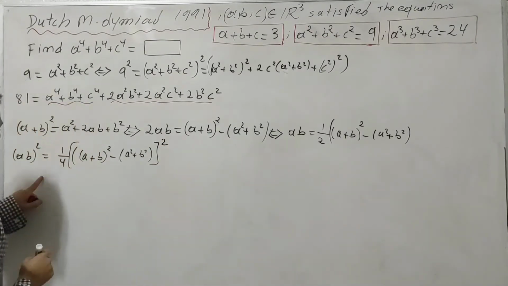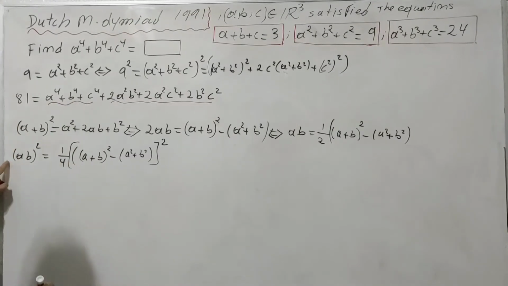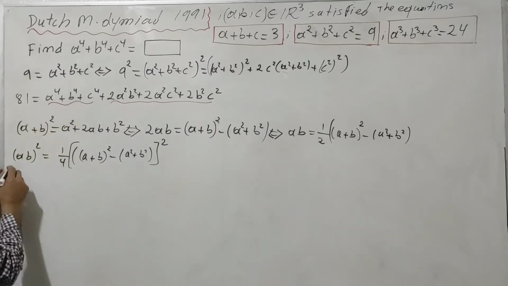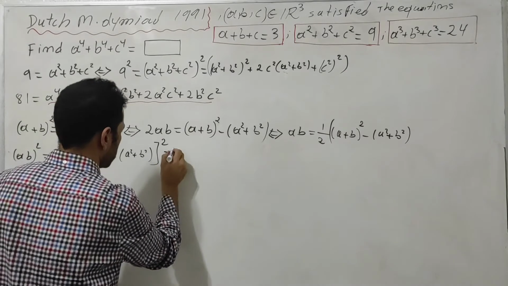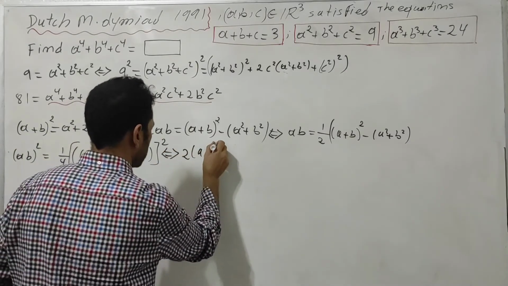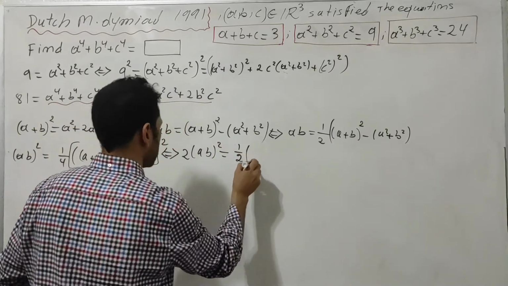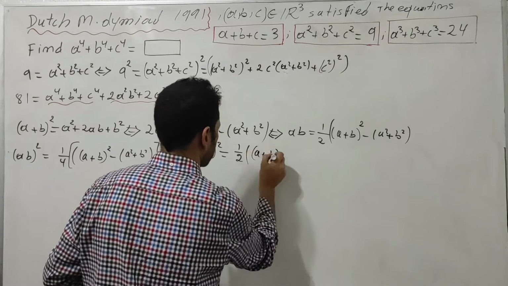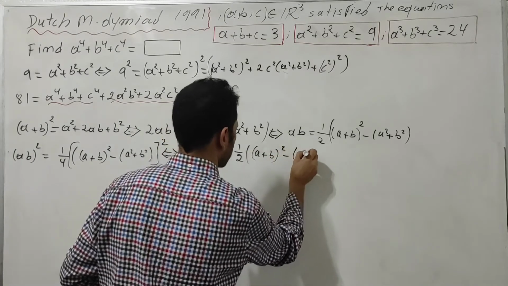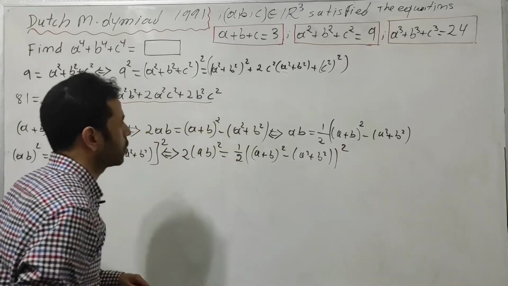Okay, so now I'm going to multiply both sides by 2. If I multiply by 2, this is equivalent to 2 times (ab) squared equal to 1/2 times ((a plus b) squared minus (a squared plus b squared)), the whole thing squared.